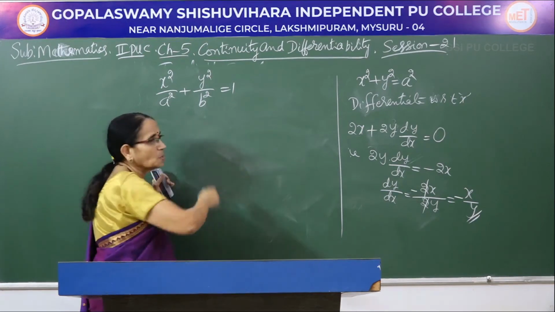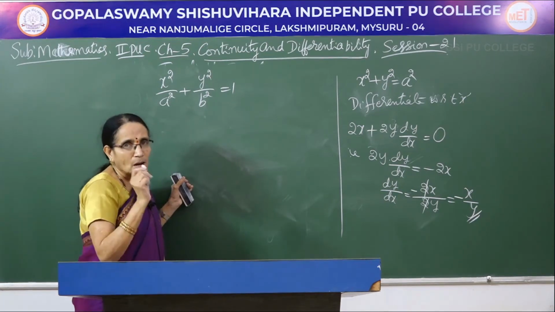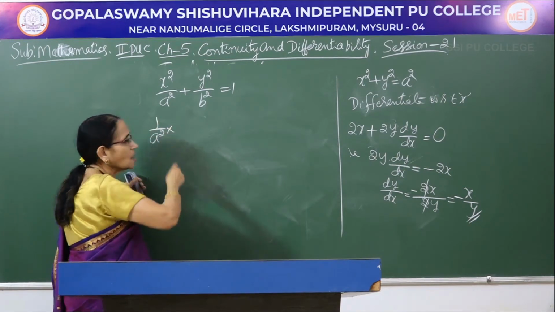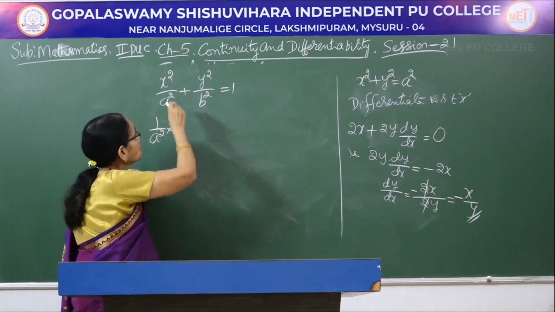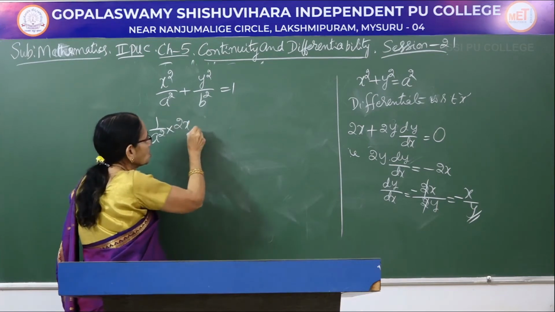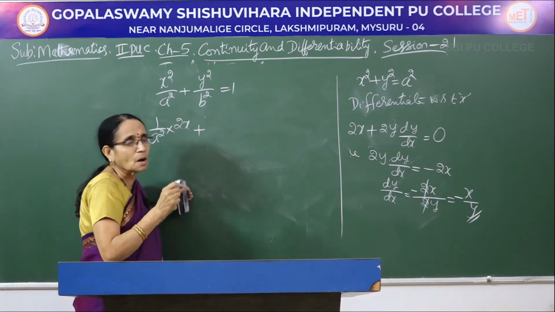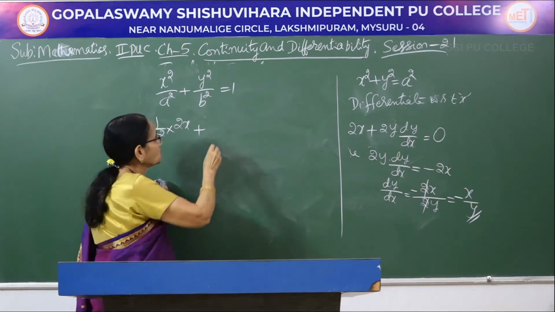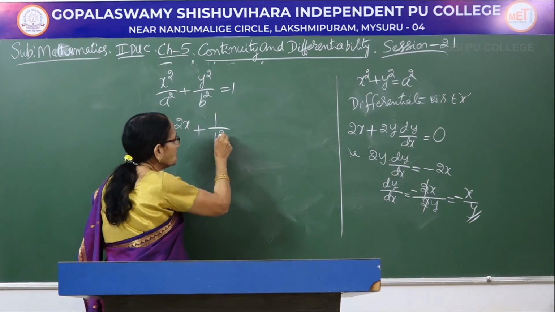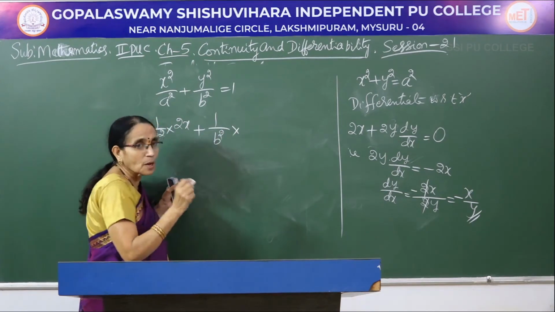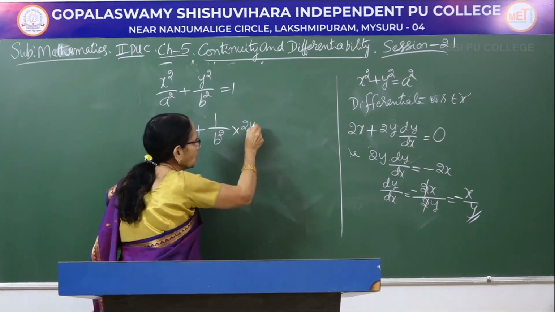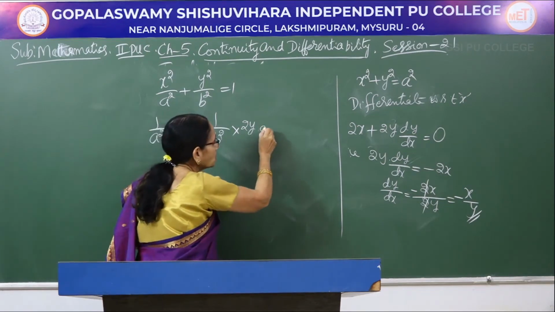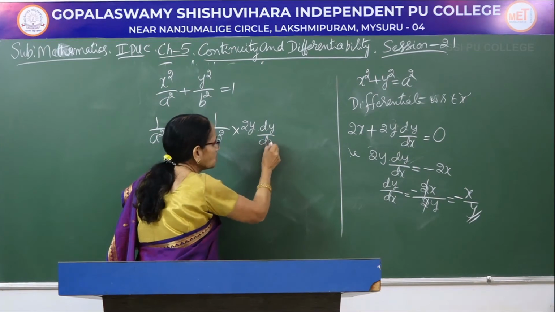Here a square and b square, both of them are constant. Therefore, you just keep 1 by a square as it is when you differentiate. So, x square becomes 2x, because always we differentiate with respect to x. Next, 1 by b square, write as it is, into y square becomes 2y, and y you have to differentiate with respect to x.